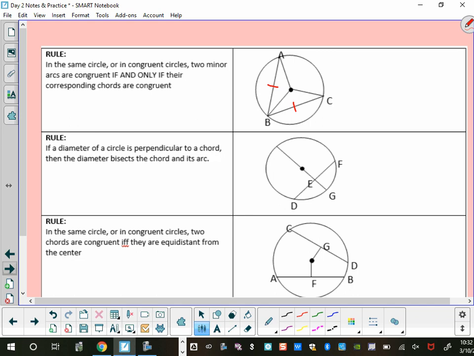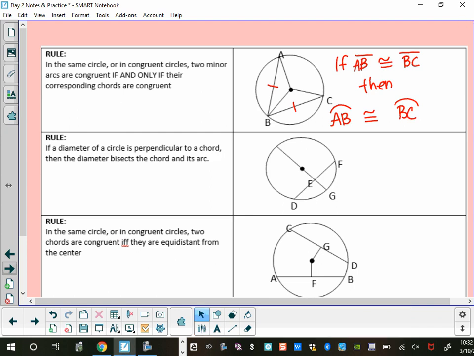So we're going to say this segment AB is congruent to segment BC. Then arc AB is congruent to arc BC. So if we have 2 chords that are congruent, this arc and this arc are also congruent. So if one is 20, the other is 20.